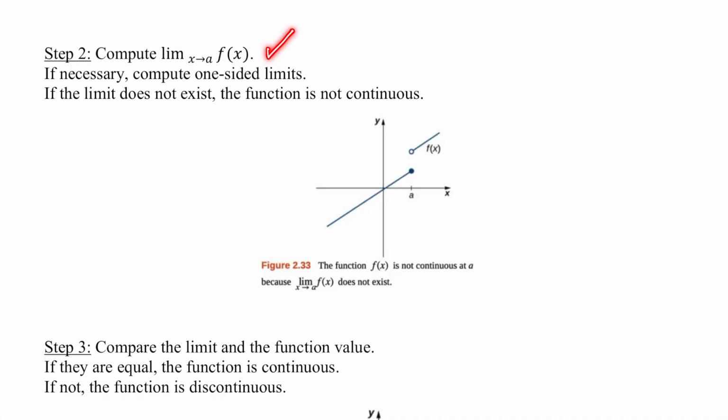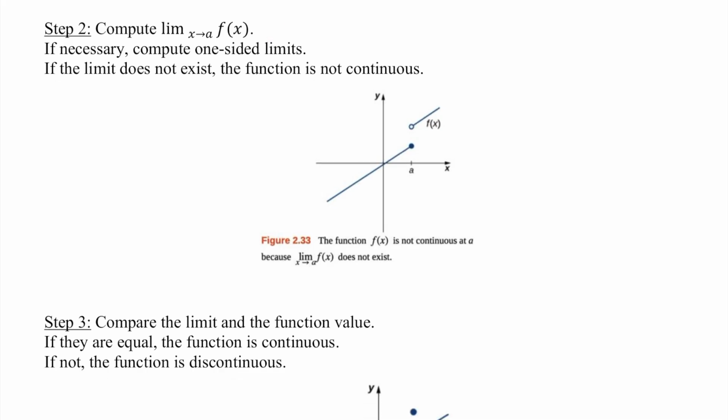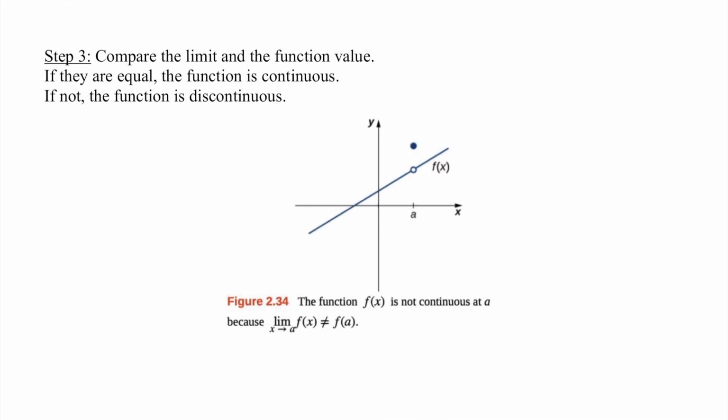If the left and right limits don't agree, the limit does not exist, and the function is not continuous. Step 3. Compare the limit and the function value. If they are equal, the function is continuous. If they are not equal, the function is not continuous. So whenever we check the continuity at a point, we simply follow these three steps.